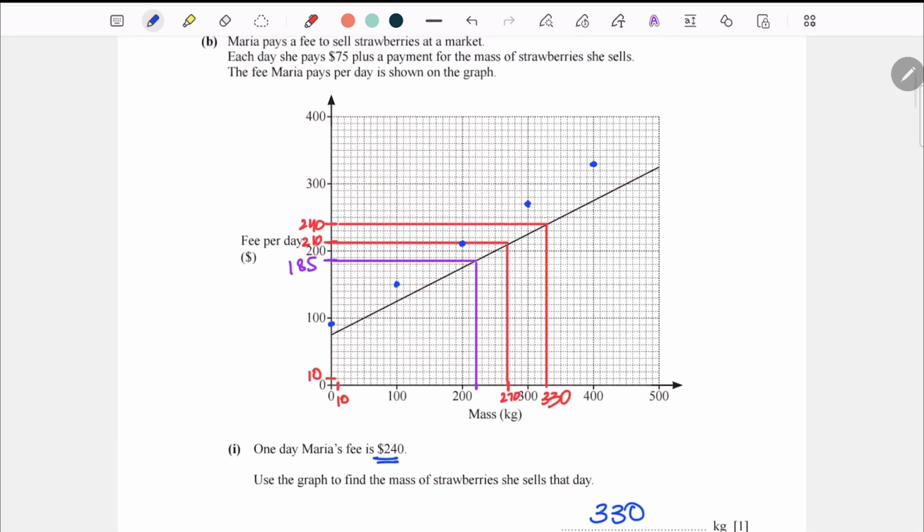And $500 and $390. Now we're just gonna draw a straight line to connect all these points. The final line will be like this. This is the answer to B, part 3.